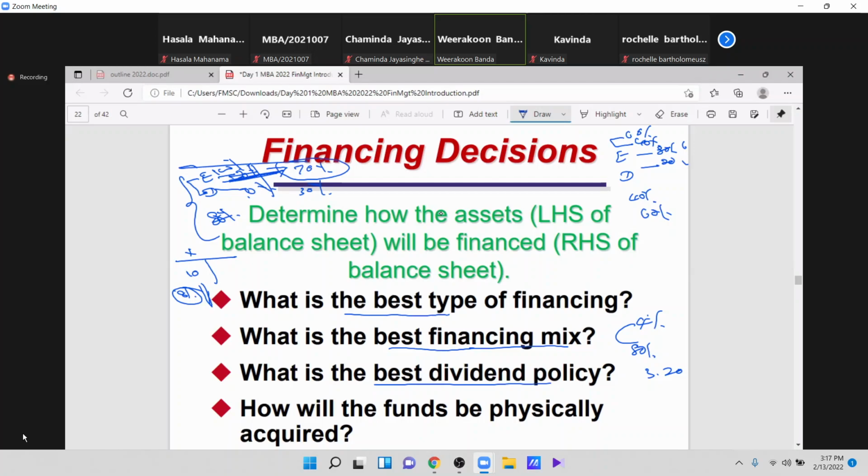In some other company, most of the shareholders, 80%, are not paying taxes, maybe small investors.